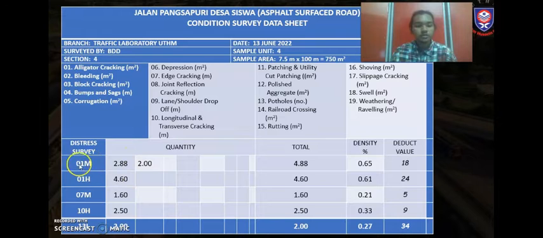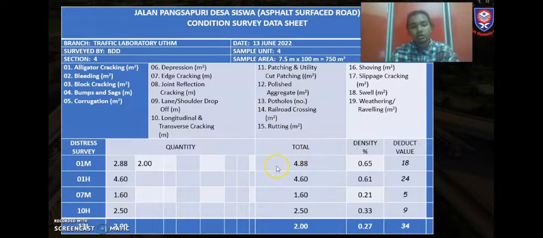The first example is 01M, alligator cracking, medium severity, 2.0 square meters. 01H is alligator cracking of high severity, 4.6 square meters. 07M refers to edge cracking, 1.6 meters length. Next is 10H, longitudinal and transverse cracking, 2.5 meters, and lastly 13L, potholes, 2.0.